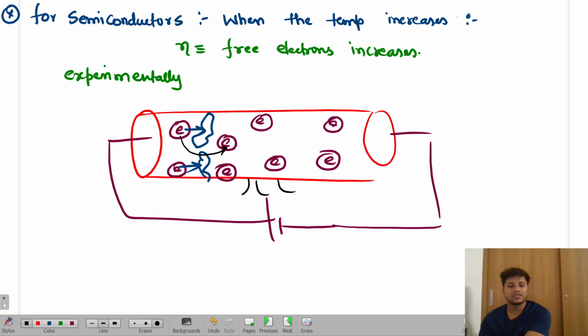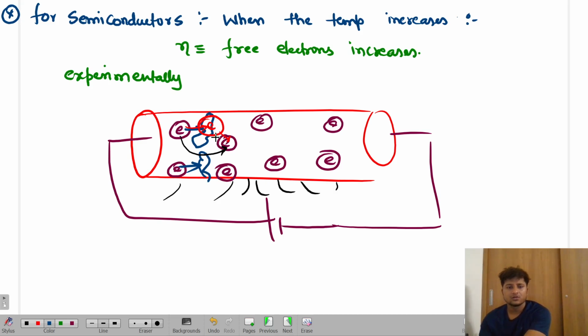So when I am increasing the temperature, what happens from this atom? Suddenly one more electron is created. Now this electron can collide with this electron easily or not. Simple: if I increase the temperature, the atom will lose one electron.